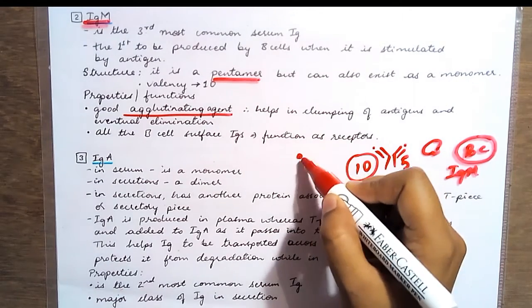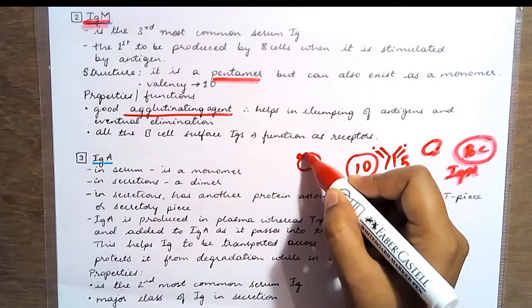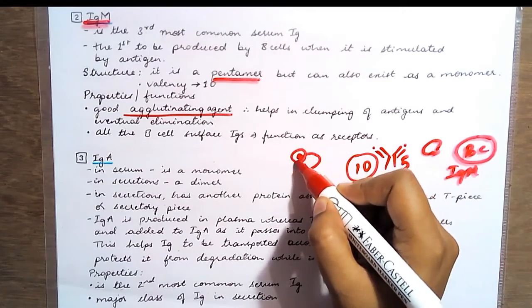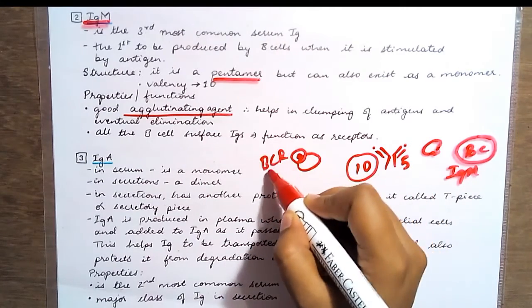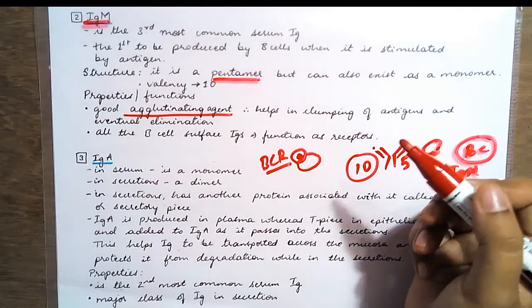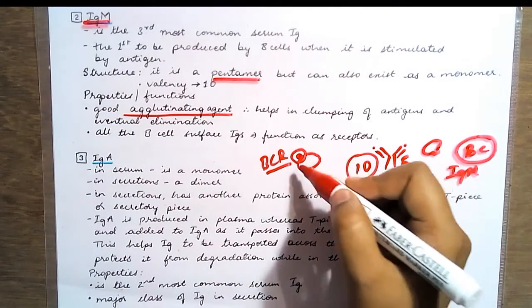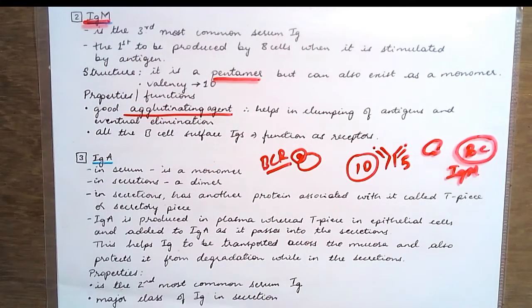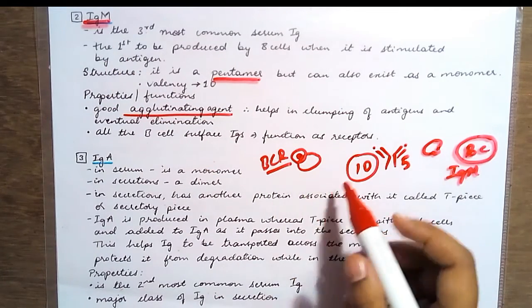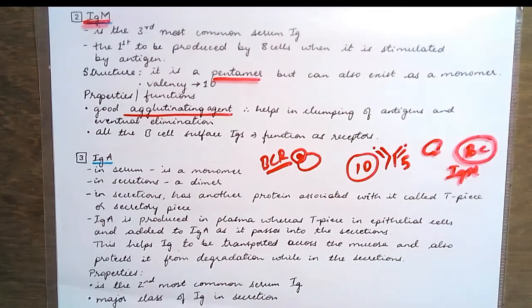The immunoglobulins bind to the B cell surface, and these act as the BCR, that is the B cell receptor, and these receptors are almost all the time IgM. These IgM perform this function of being the BCR.